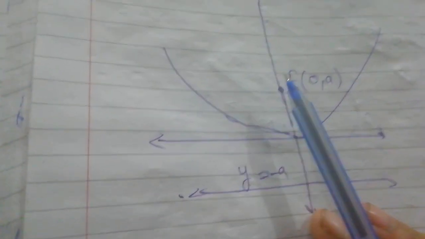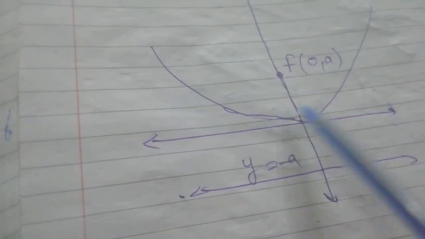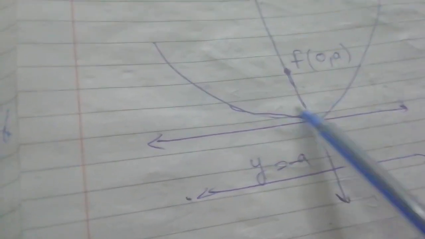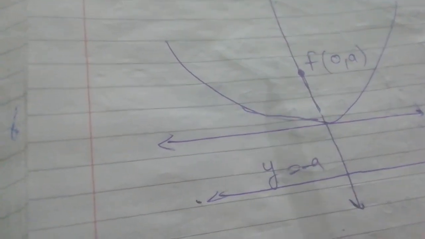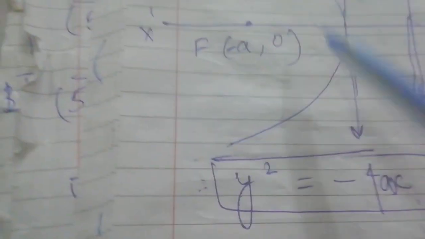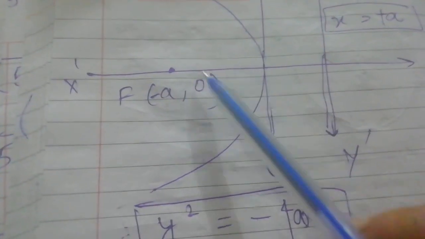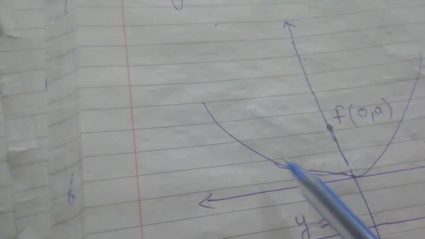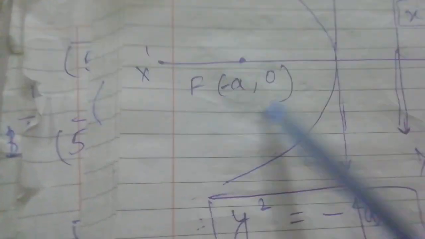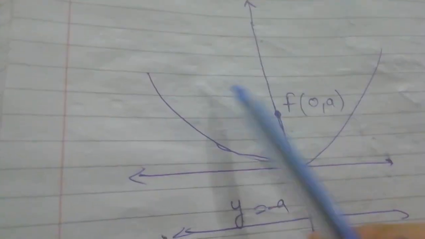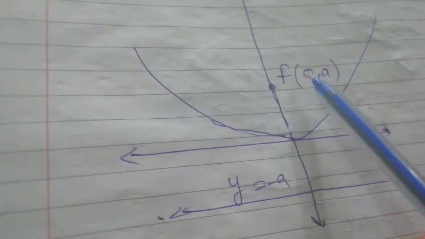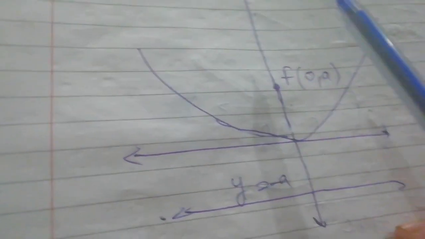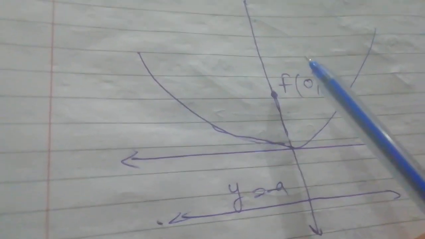Now, in the third case, the parabola formed is above the x-axis, which is along the y-axis. Now, the earlier one was along the x-axis, and this one is above the x-axis. The earlier one was a horizontal parabola, and this one is a vertical parabola. The focus formed is 0, a. It's not a, 0, it's 0, a.